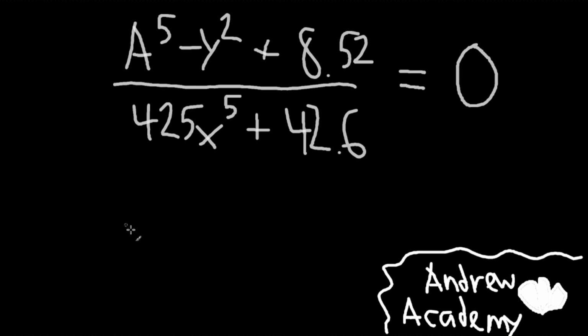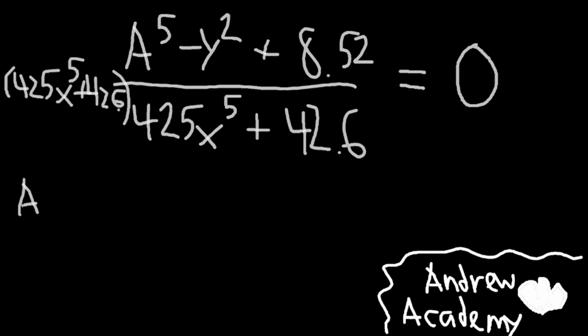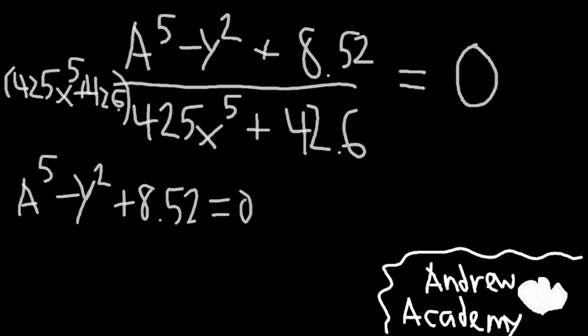So next up, we're going to multiply both sides of the equal sign by the denominator. So we're going to multiply this side by 425x to the power 5 plus 42.6. Multiplying that by that side will just give us the numerator. So we'll get a to the power 5 minus y squared plus 8.52 equals 0 times 425x to the power 5 plus 42.6.